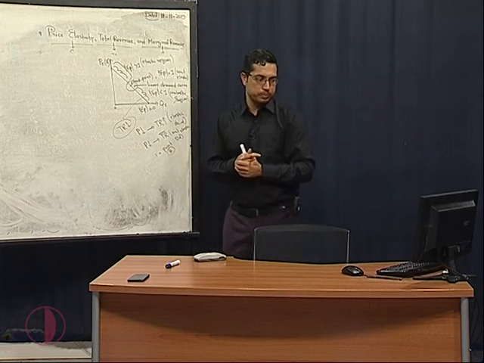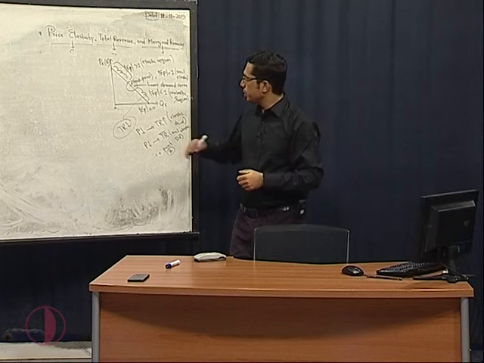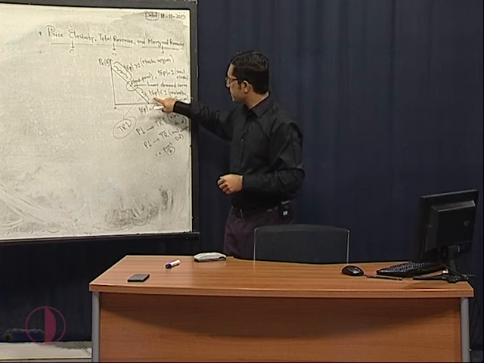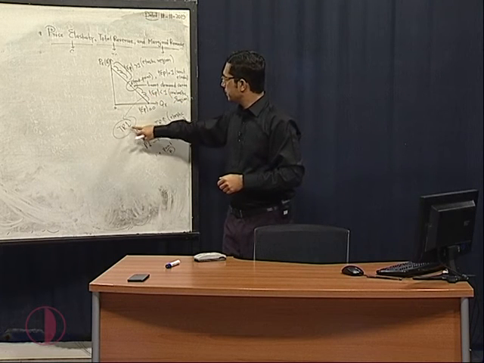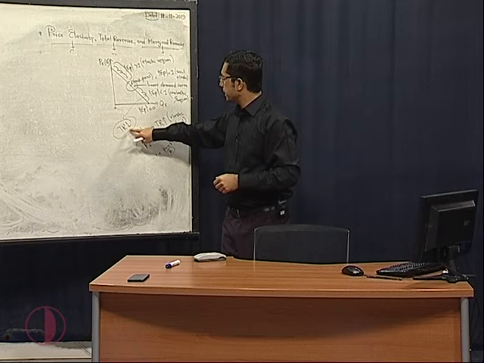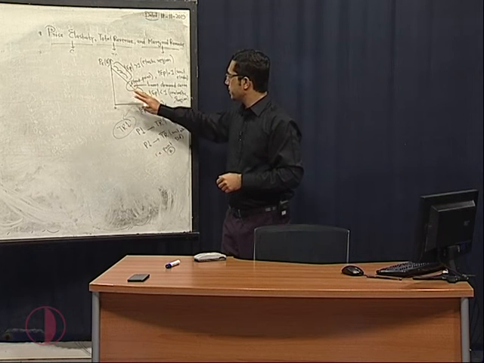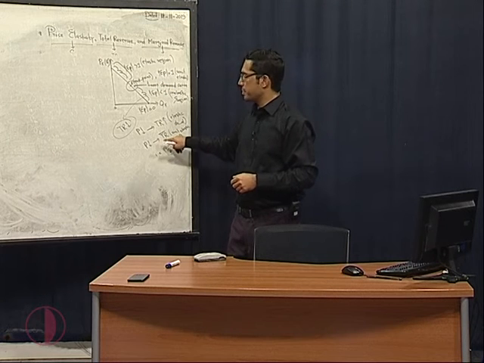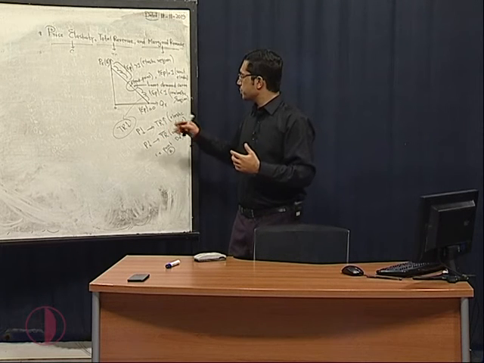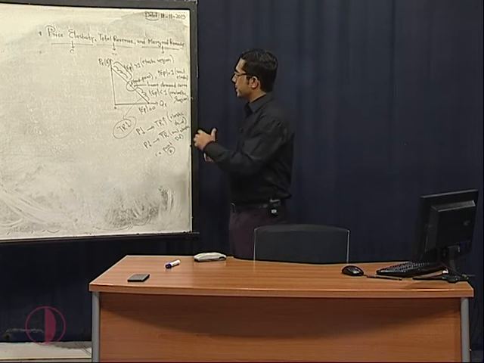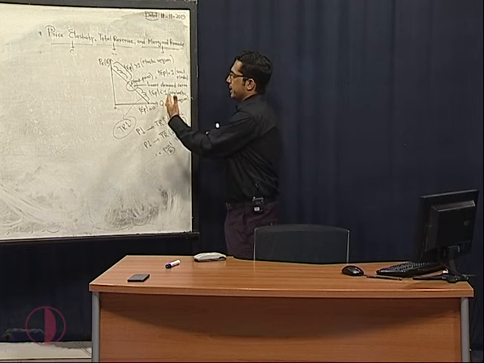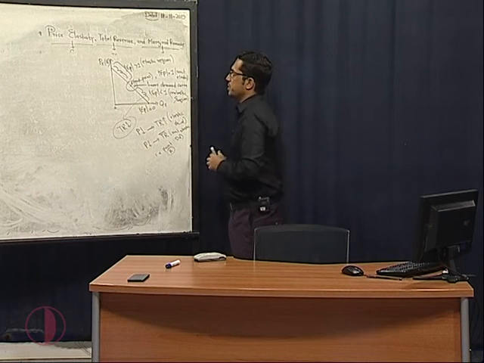So, below the midpoint, this is the inelastic region, the firm will get a lesser total revenue. At this point, it will be the same, there will be no increase in the total revenue. So, this was the relationship between the elasticity and the total revenue.